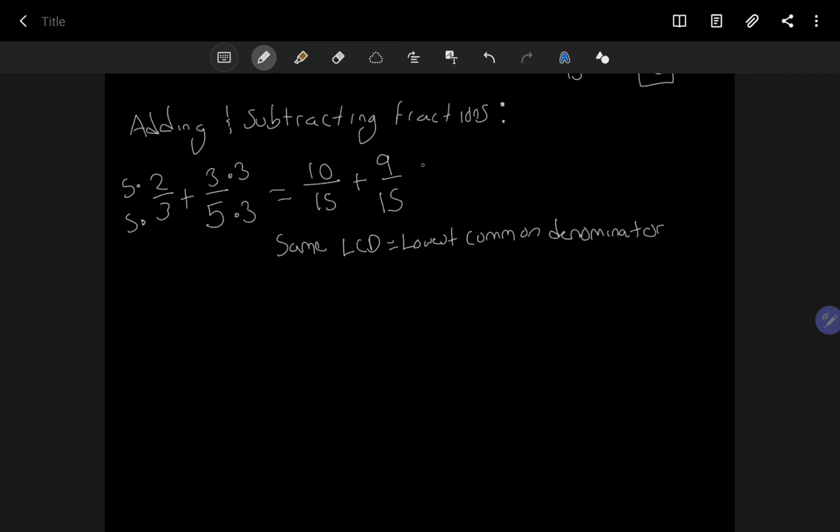And now that they're both the same, I can combine them. So 19 over 15.